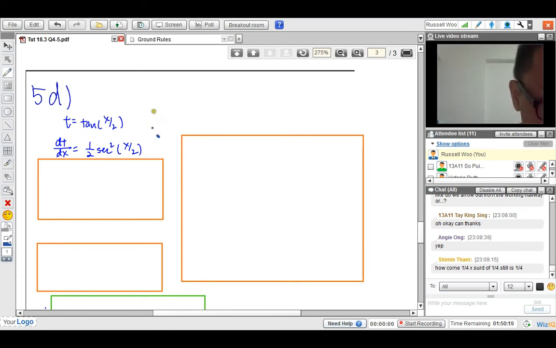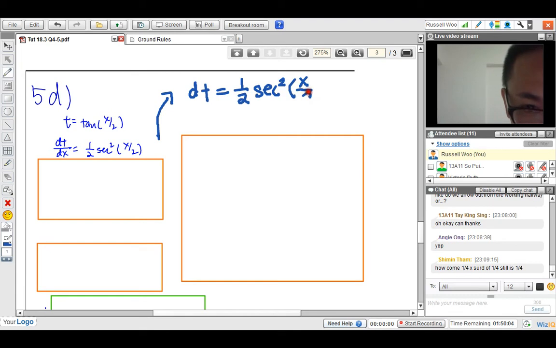So now if we try and write the next line and say dt equals to half secant square x over 2 dx.